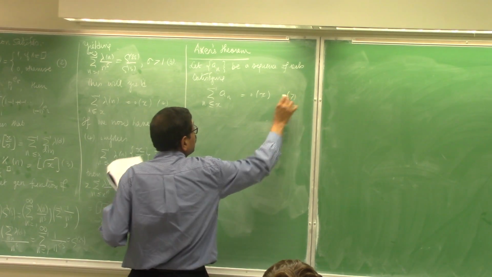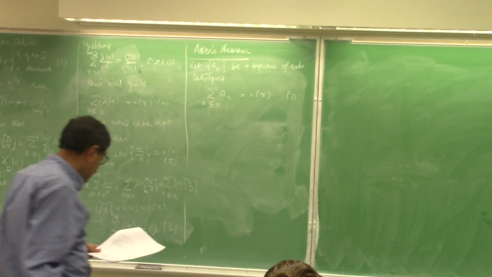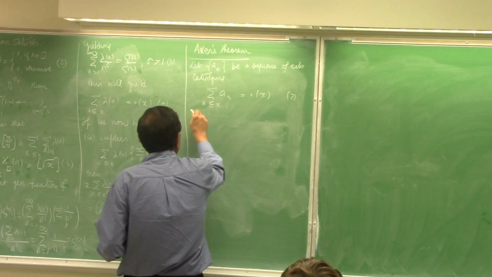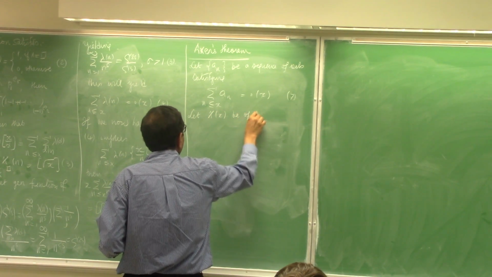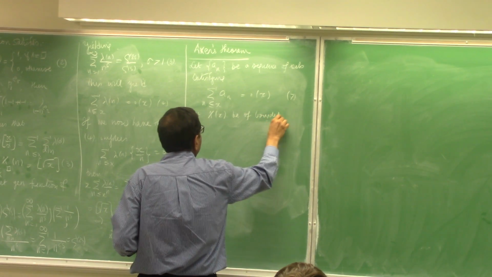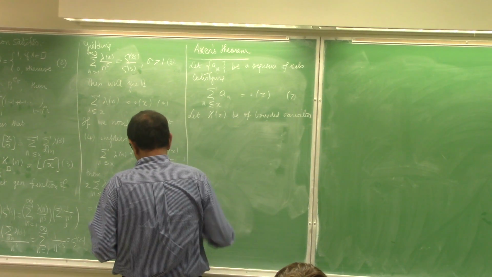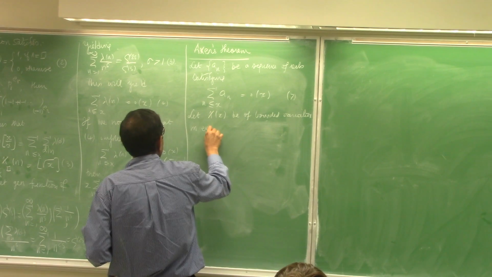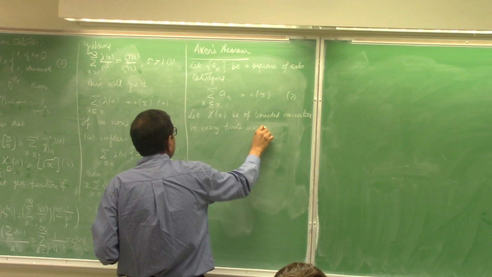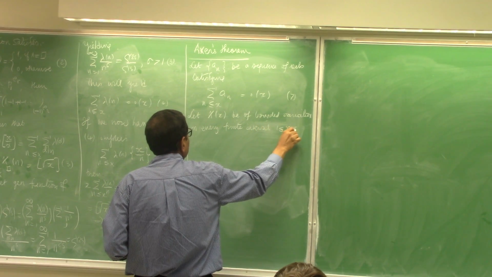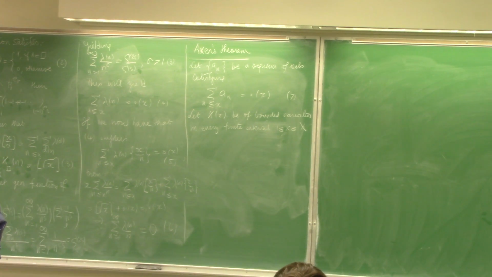All right, so a of n is like your mu, it's like your lambda, and so on. Let chi of x be of bounded variation in every finite interval. You're not saying infinite interval. So we're not saying it's a bounded variation on 1 to infinity.